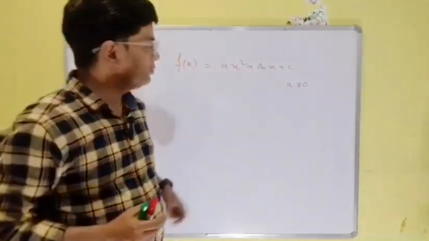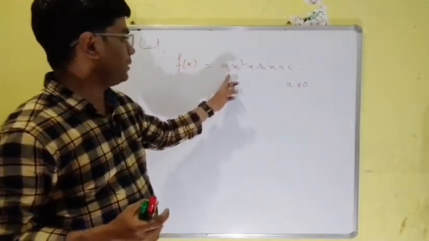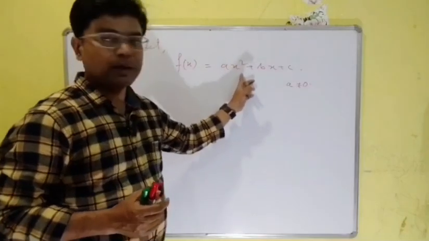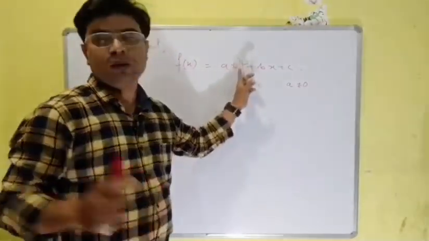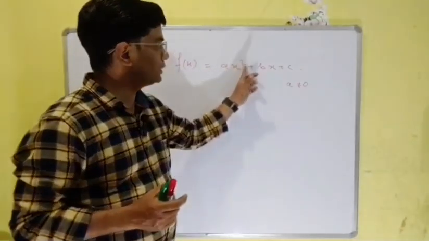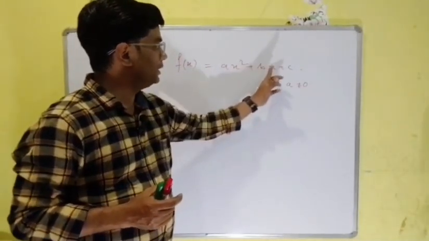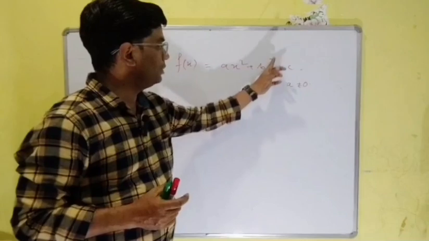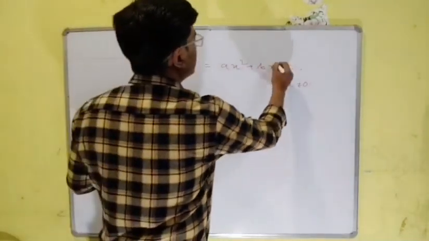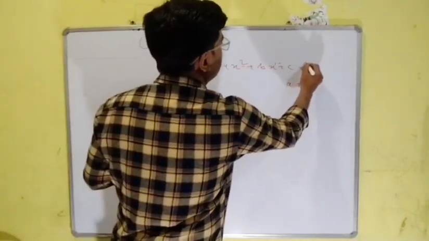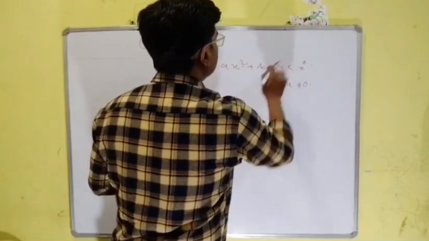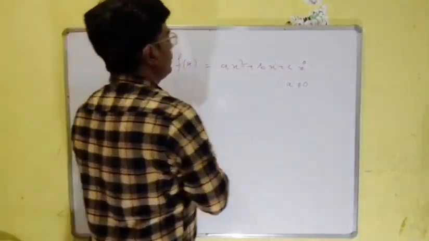Remember that. For a polynomial, the maximum exponent of the variable must be a whole number. Here the powers are 2, 1 and 0. Therefore it is a polynomial.